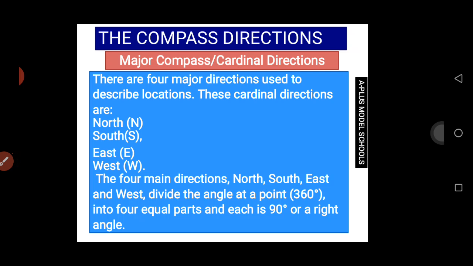So it means 360 degrees is divided into four main directions, which are the north, the east, the south, and the west. The north is represented by N, the south is represented by S, the east is represented by E, and the west is represented by W.